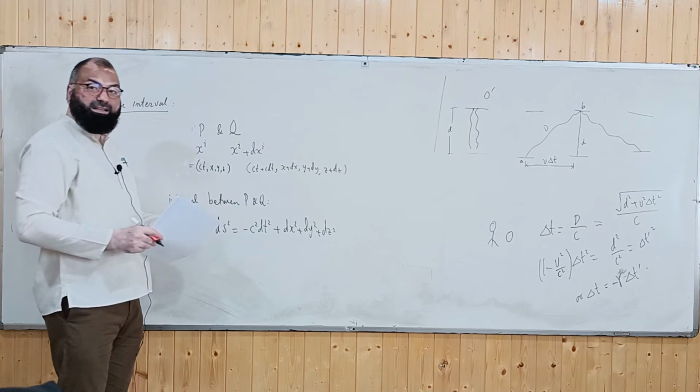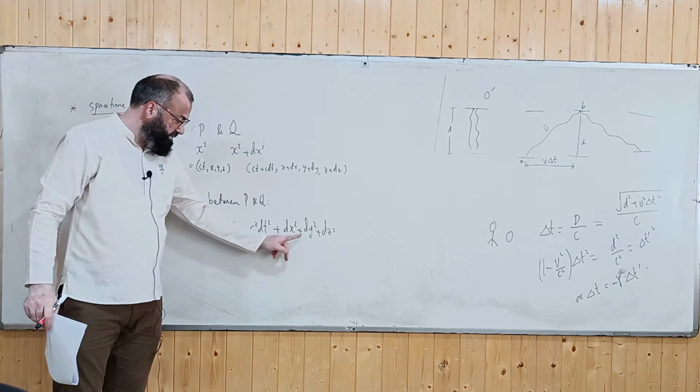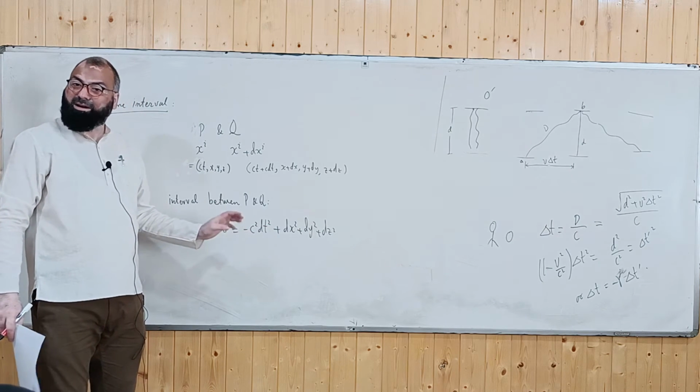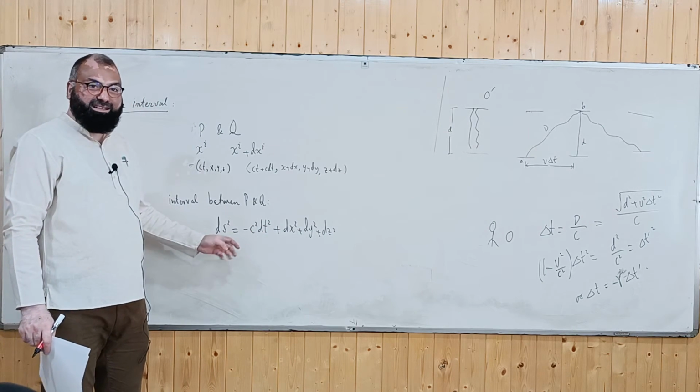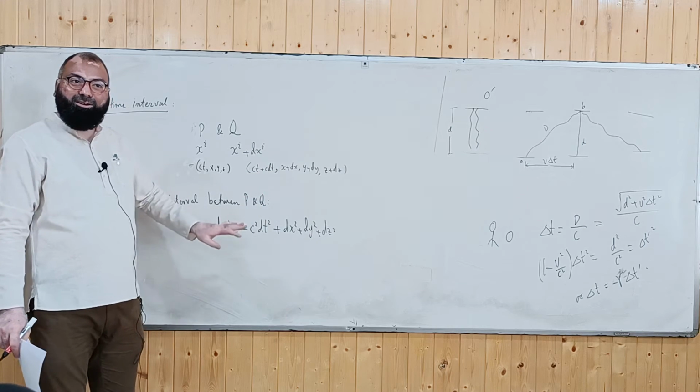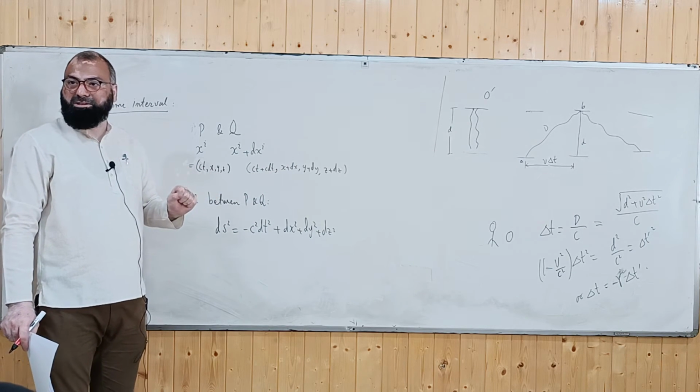Actually, in field theory, we had the interval with minus here, minus here, minus here, and plus here. But in general relativity, we are using a different kind of convention. We are using this kind of definition for the interval.